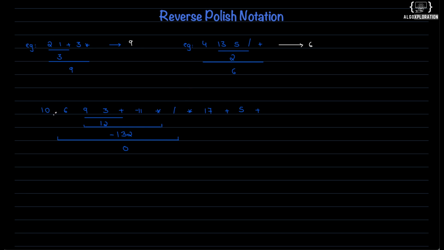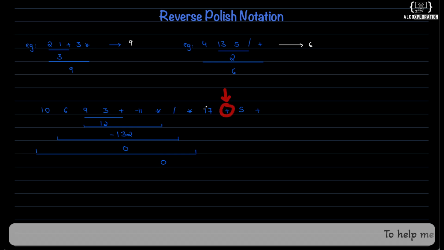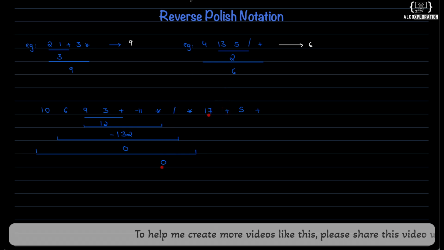I need to take the previous two elements, so 10 and 0. So 10 into 0 is nothing but 0 only. I hope you are getting it. So it will be 0. Now 17 is there, it is a number. Now we got plus. So we need to take the previous two elements. So 0 plus 17 will be 17.